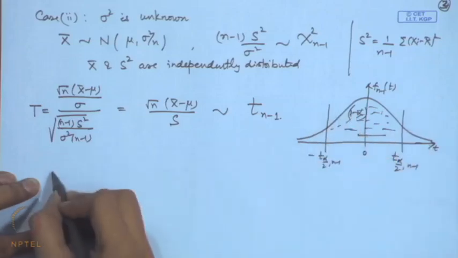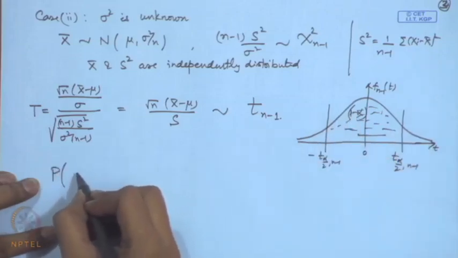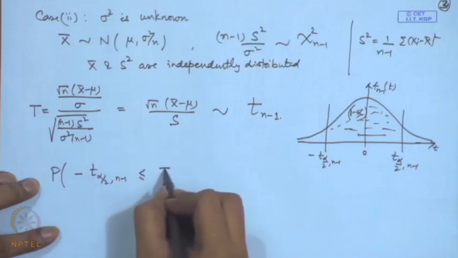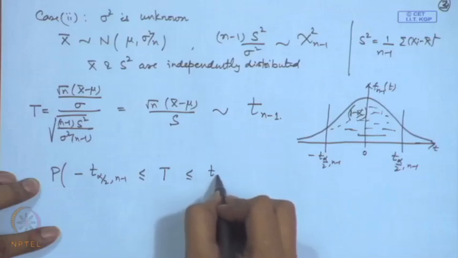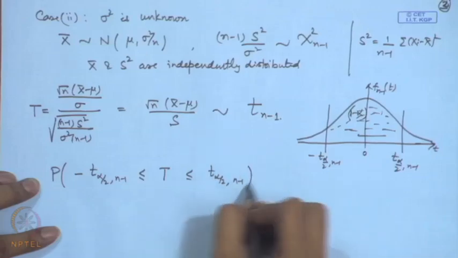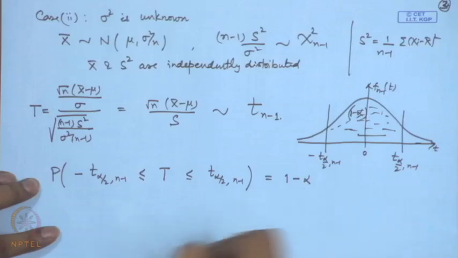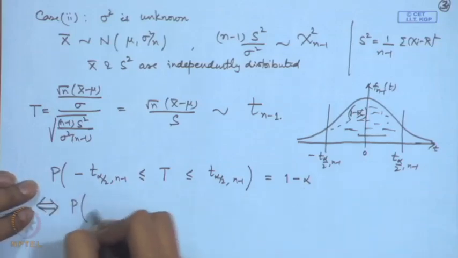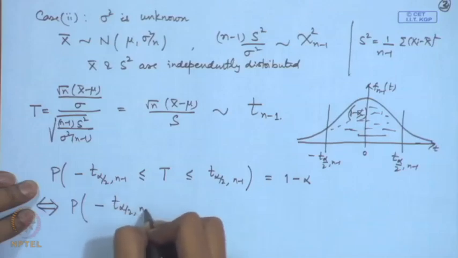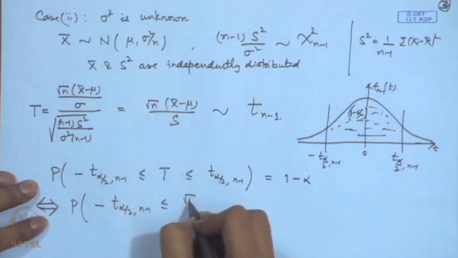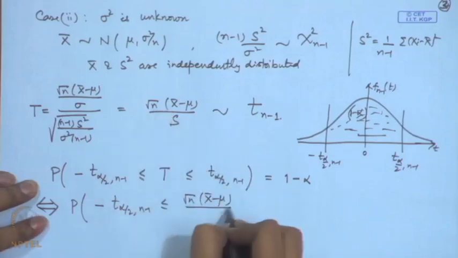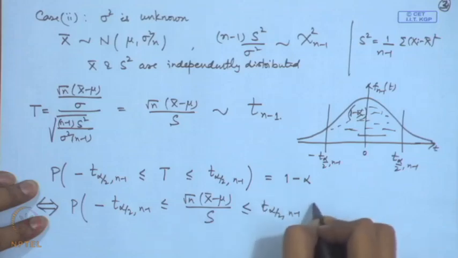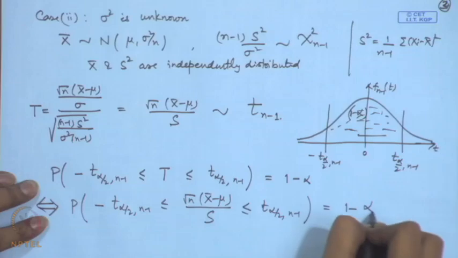So, we can consider the statement: probability of minus t alpha by 2, n minus 1 less than or equal to t less than or equal to t alpha by 2, n minus 1 is equal to 1 minus alpha. So, this statement we can simplify. This value of t, root n x bar minus mu by s, less than or equal to t alpha by 2, n minus 1, is equal to 1 minus alpha.